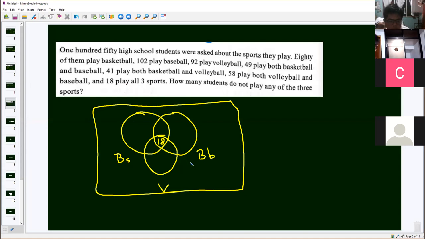Kasi if you're familiar with Venn diagram problems, may mabilis na way to answer this. But ang daming pwedeng itanong sa Venn diagram problems. Iba rin yung given. So, my suggestion is always go inside first. 18 in all 3, 58 both volleyball and baseball. So, kahit anong tanong, you'll be on the right track.